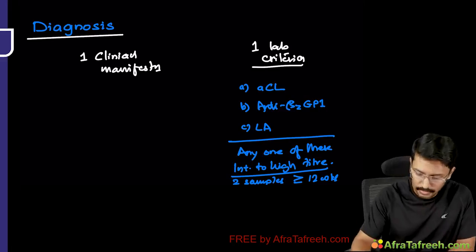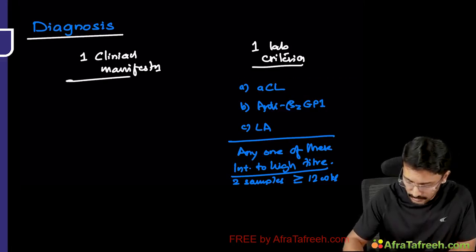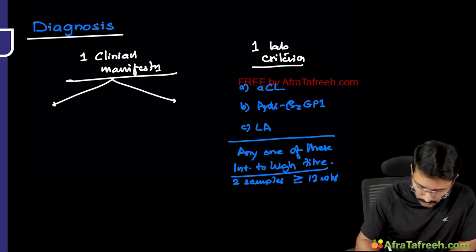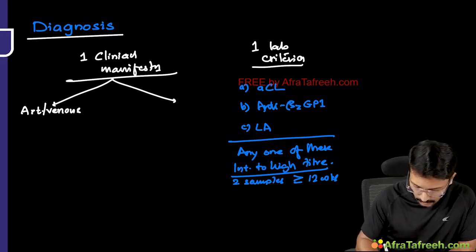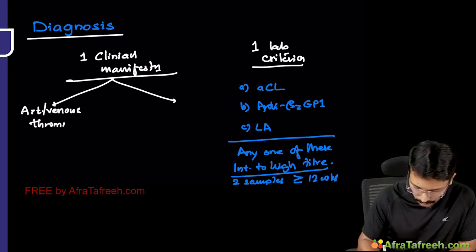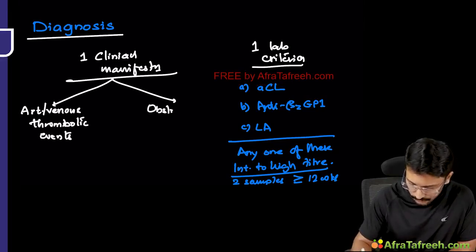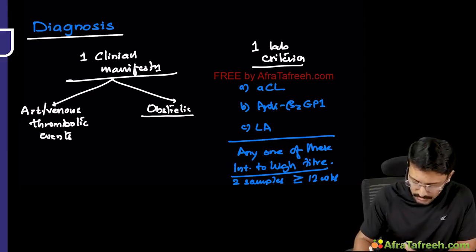For clinical criteria, any one of the clinical criteria should be met, and we are talking about either arterial or venous thrombotic events as one clinical criteria. Okay, and the second one is obstetric. And when we talk about obstetric, we need to be a little more precise.